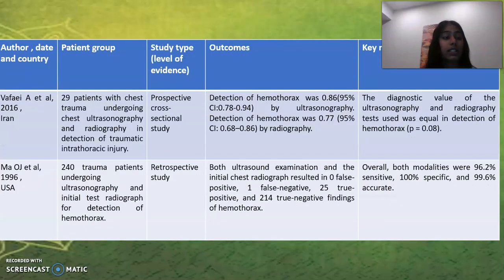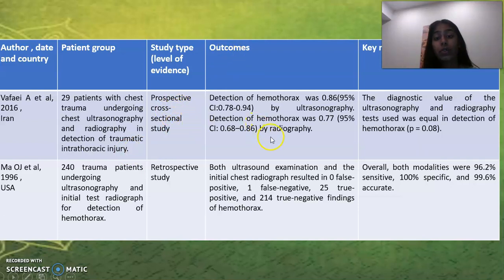Okay, so these are the articles that I have found. Author, date, and country for the first article: Vafaei A. et al. 2016, Iran. Patient group was 29 patients with chest trauma undergoing chest ultrasonography and radiography in detection of traumatic intrathoracic injury. Study type was a prospective cross-sectional study.